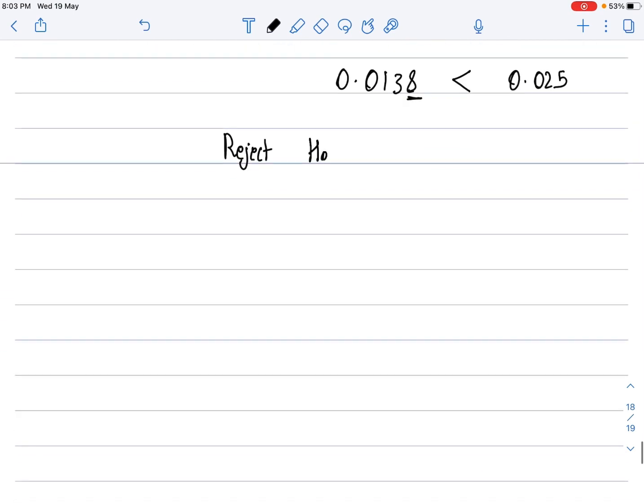So it has decreased. I can say the average number of passengers has decreased. Okay, this is what I can claim, because my probability is less than the significance level. That's why I reject.